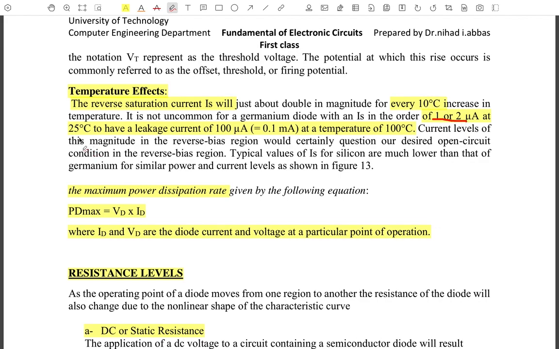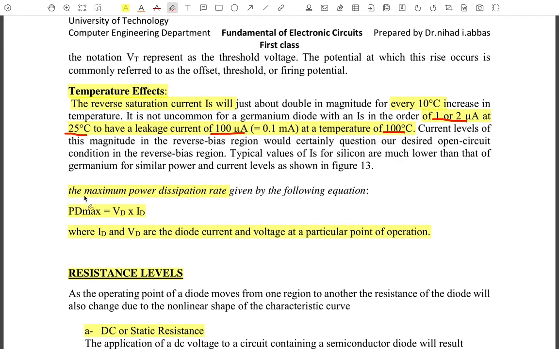Then, if the temperature changes to higher, 25 degrees, the current will be more, it will increase. Also, if we increase it until 100, it will be more than this. So that means if we have increasing temperature, it will increase the current for the diode.